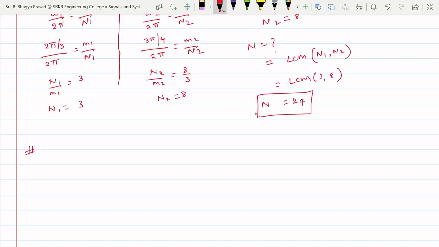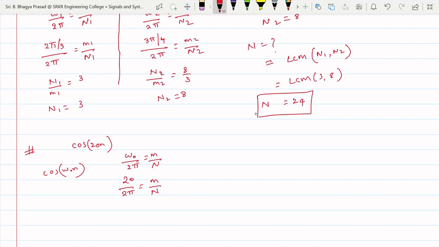Let me go for the last example in this category of signal. Cos 20n. The same, omega naught by 2 pi equals m by n, so compare it with cos omega naught n. Omega naught is 20, so 20 by 2 pi equals m by n.